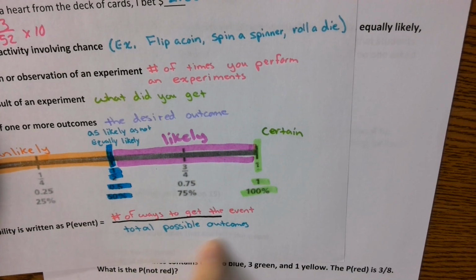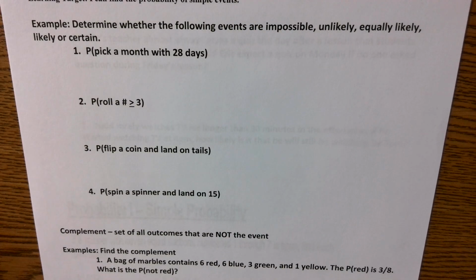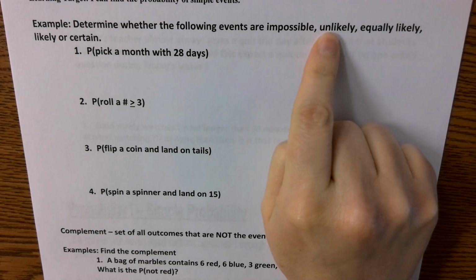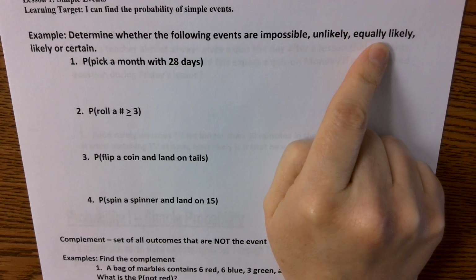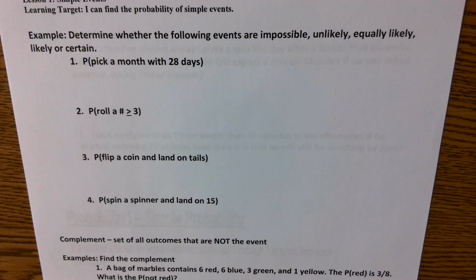So identify what that would be as a fraction, convert it to percent if you need to, and then based off of those responses, would that represent an impossible scenario, an unlikely scenario, an equally likely scenario, likely, or certain? Go ahead and take 2 minutes to do that.